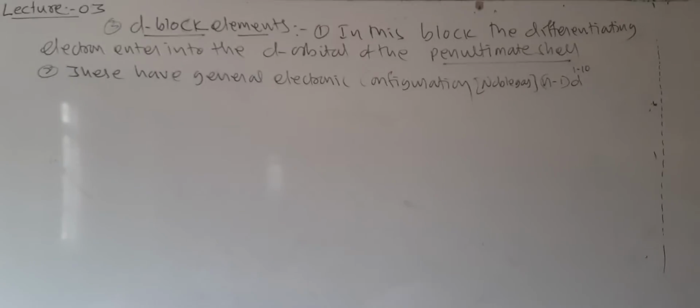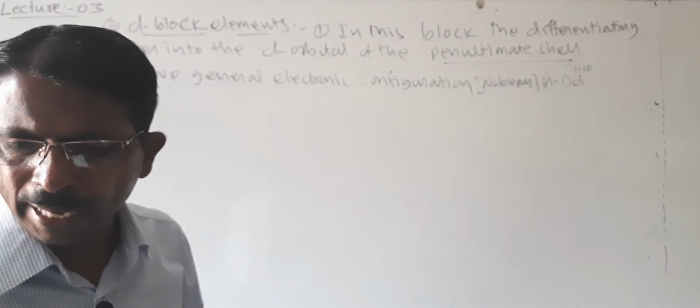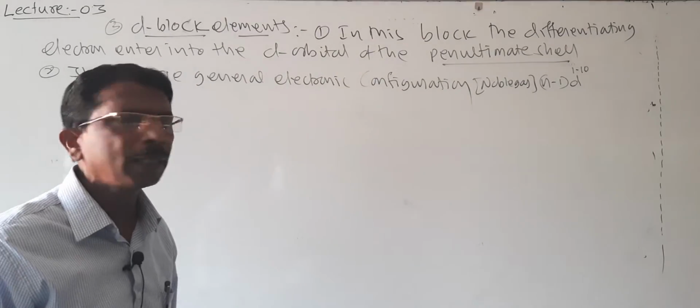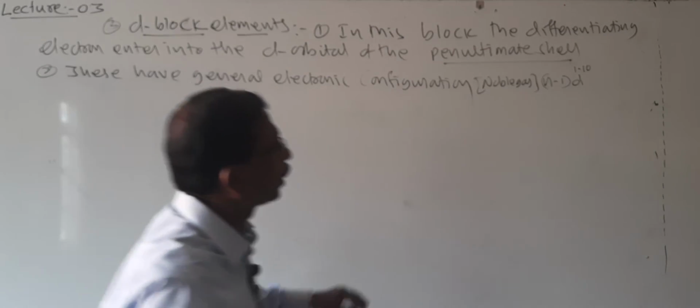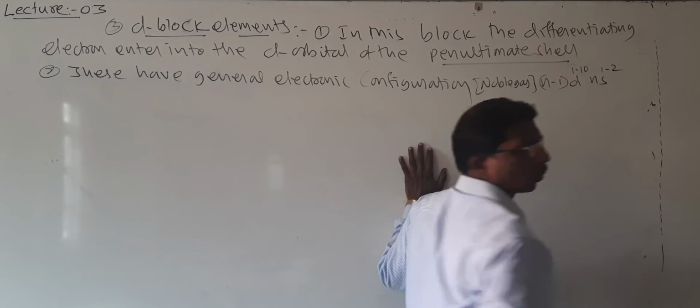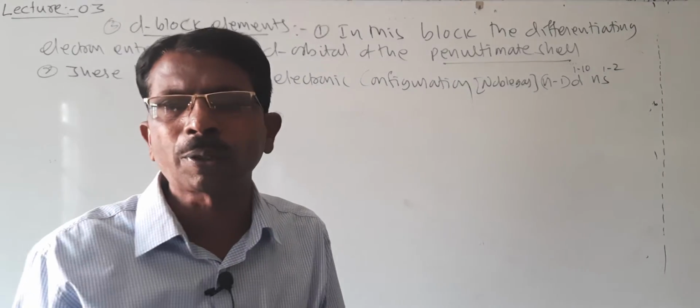Look here students, it is d 1 to 10. It begins with scandium, 3d1 4s2, and ends with d10. And ns raised to 1 to 2 means copper and chromium have only one electron.